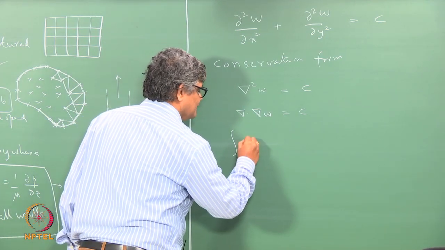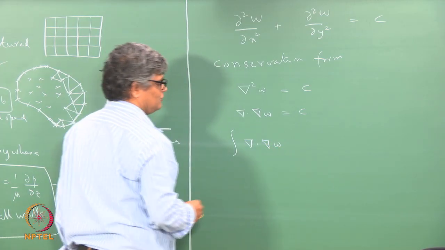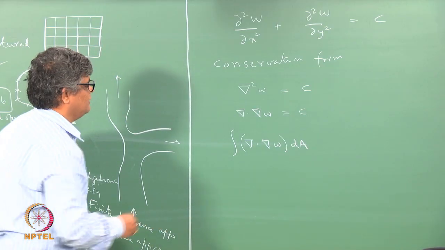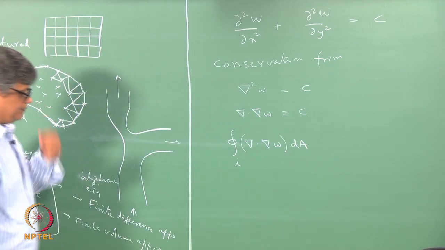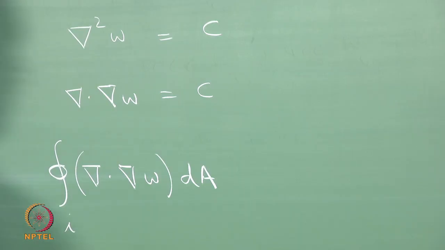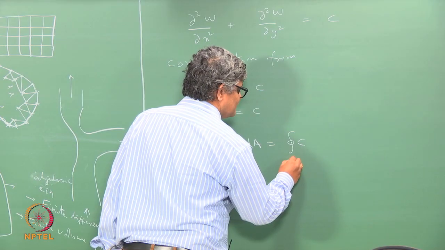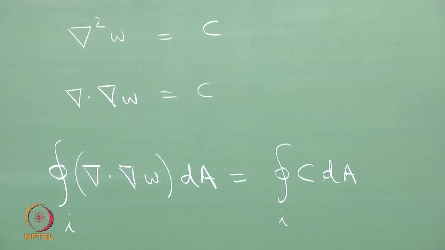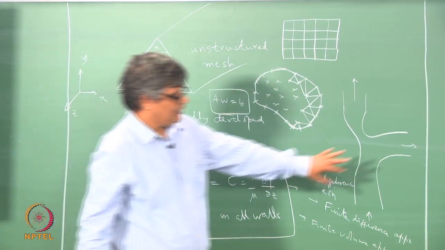So, we write del dot del W integrated over the entire closed surface of cell I is also equal to the integration of the constant over the closed surface of the same cell I. So, we have a cell I here and cell J, cell K like this, and we can do this.